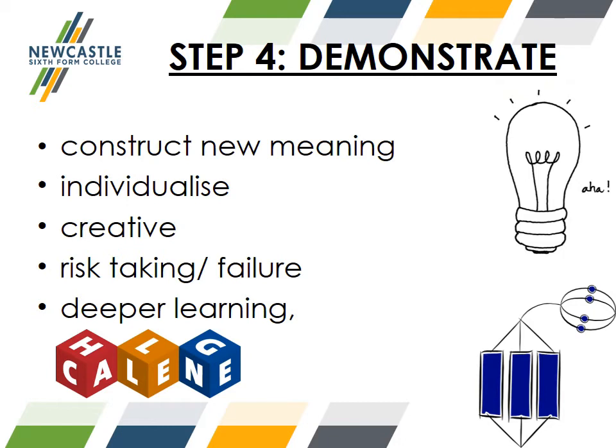So light bulb moments where they see a link between something that you hadn't expected before, opportunities to individualize this really down to their understanding, being creative with the topic in hand, looking for solutions to problems, looking for creativity. The opportunity to take a risk, to have a go at something and fail can be really powerful at this point, because real deep learning can come from that.